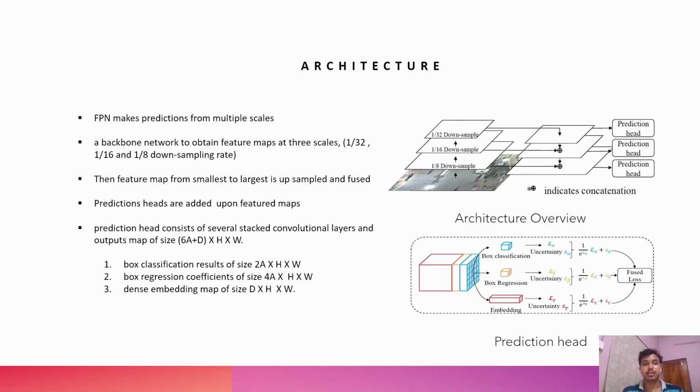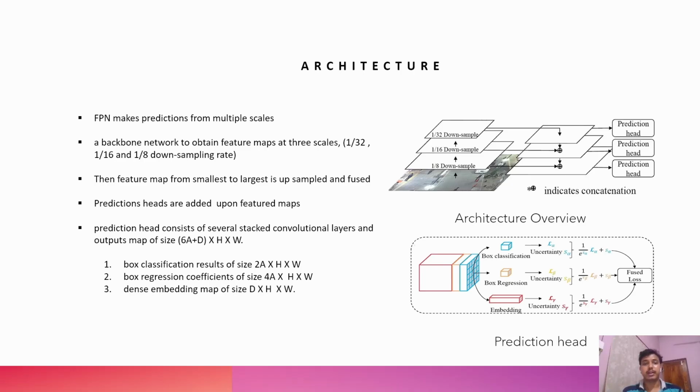The architecture is based on the feature pyramid network that makes predictions from multiple scales. A backbone network obtains feature maps at three scales, that is 1/32, 1/16, and 1/8 downsampling. Then the feature map from the smallest scale is upsampled and fused with the earlier feature map to get the final result.